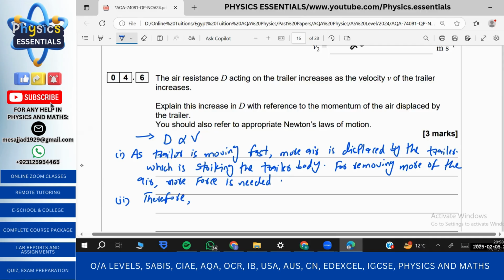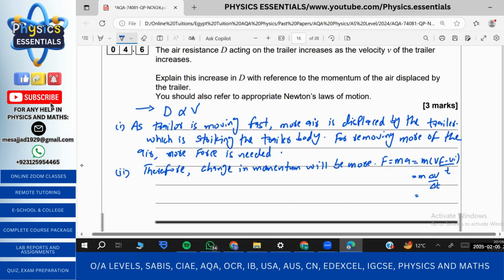Therefore, change in momentum will be more. How? F equals ma, and you know that a is actually equal to vf minus vi over time, and vf minus vi is the change in speed, delta v, over change in time, and m delta v can be considered as change in momentum.